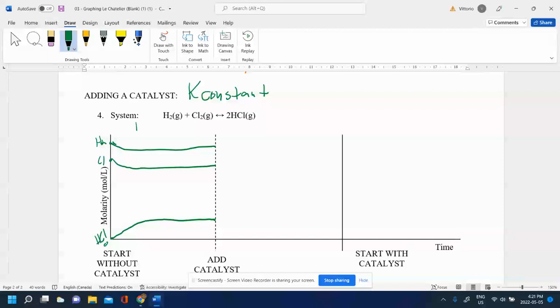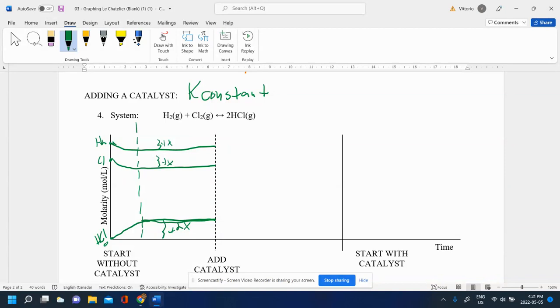And at the point where they flatlined, that's where equilibrium has been reached. This decreased by, let's say, 1x. This decreased by 1x as well. And this increased by 2x. So now we're at equilibrium.